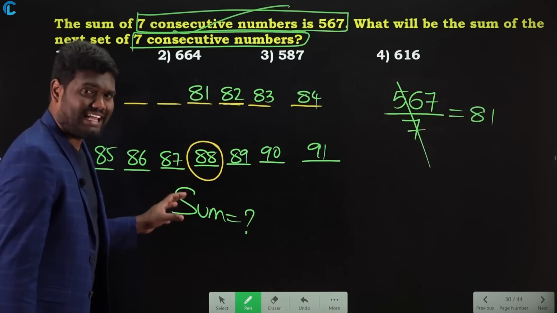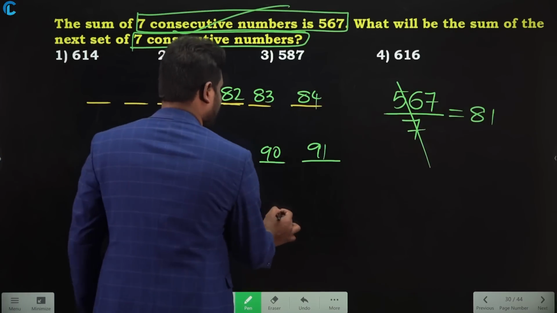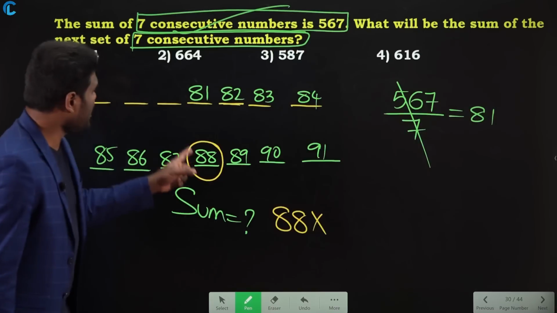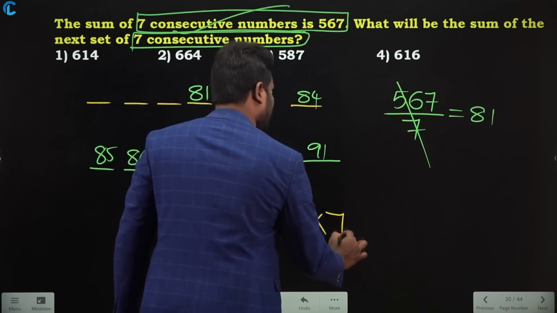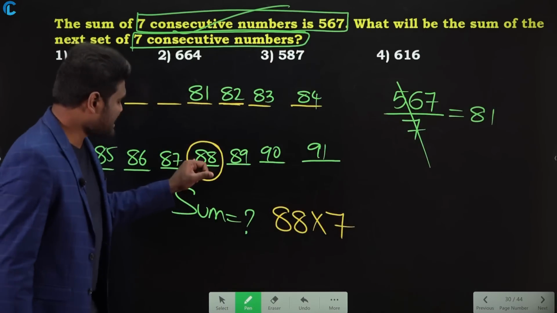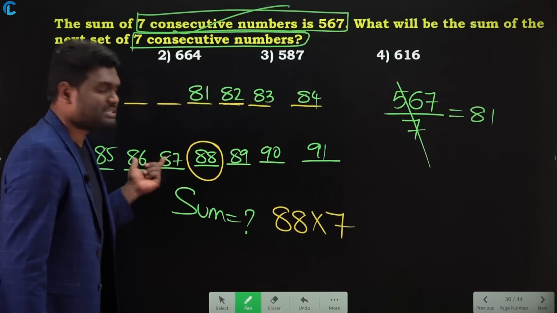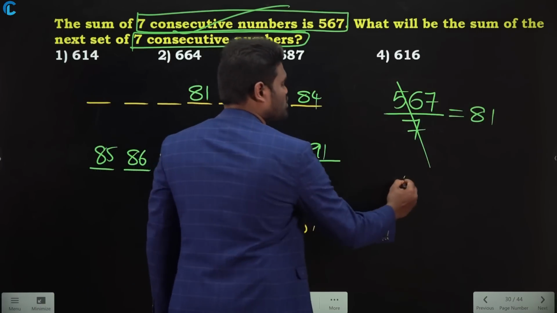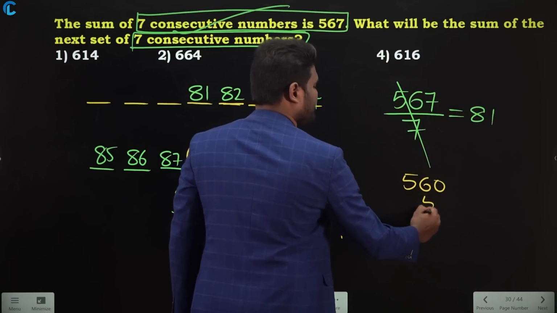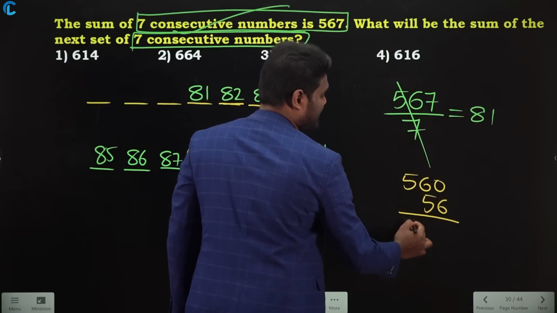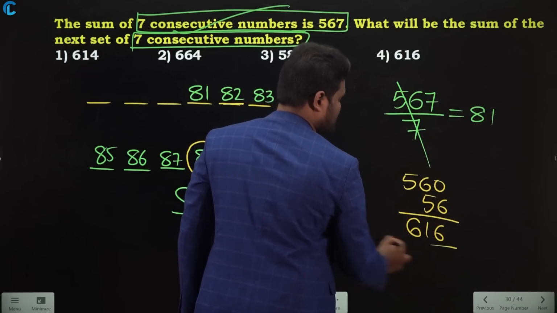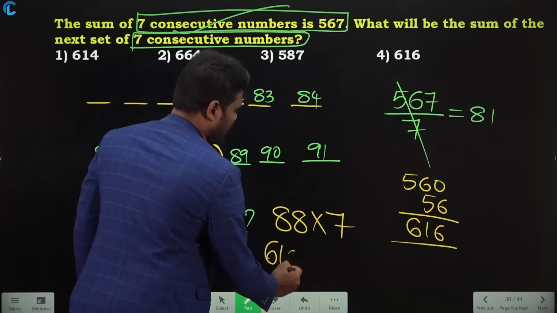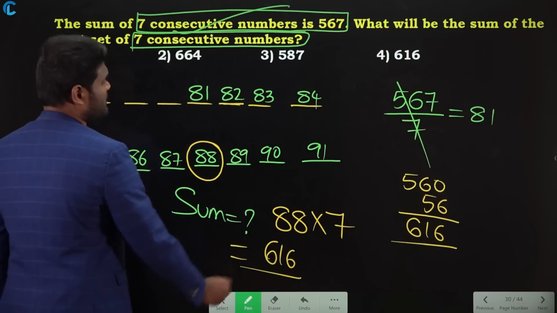As the average is 88 and the number of numbers is 7, the sum is 88 into 7. 80 into 7 is 560, so 560 plus 56 is 616. So the answer for this question is 616, which is option 4.